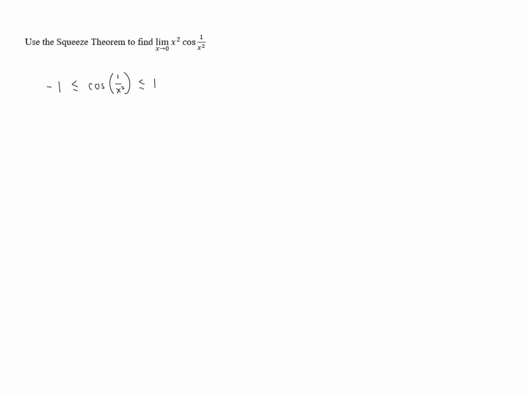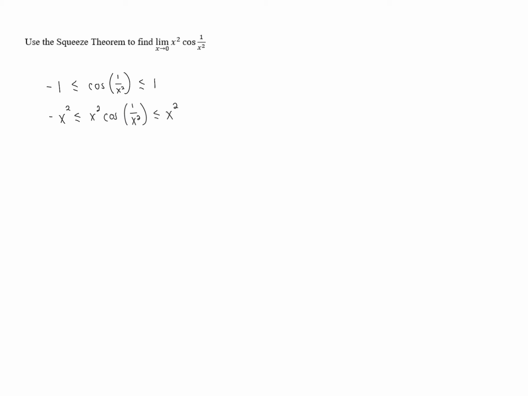And then if we multiply all of these by x squared, that tells us that -x squared is less than or equal to x squared cosine of 1 over x squared, which is less than or equal to x squared.